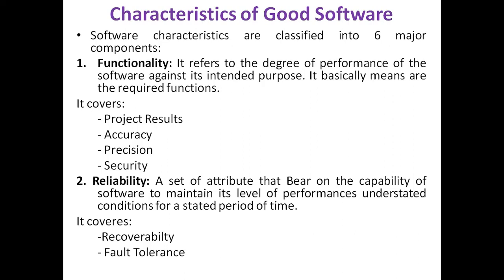Second one is reliability. That is, is our application able to be trusted? For example, we can take the ATM machine. The ATM machine should be reliable. That is, the users using those machines should have trust in them.